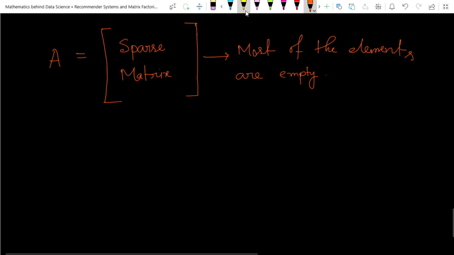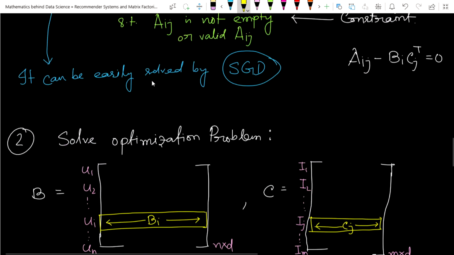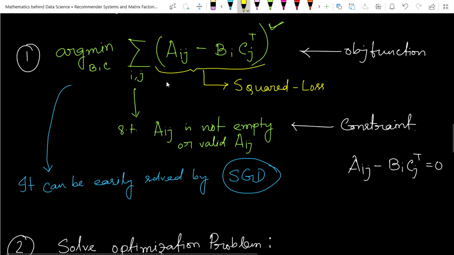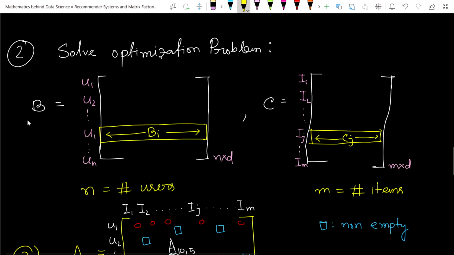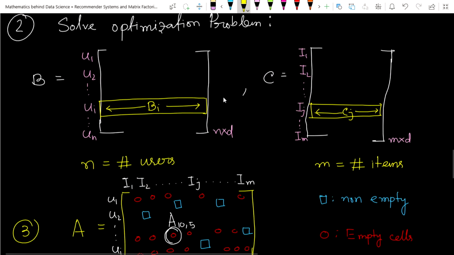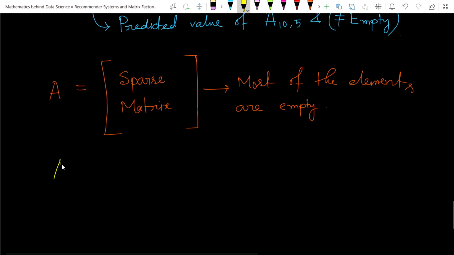So our job is, after setting up this optimization problem using some optimization technique, to calculate B and C. After calculating B and C, our job is to predict the original matrix A, as the predicted A, using B into C transpose. By using this matrix multiplication, we have to predict it.